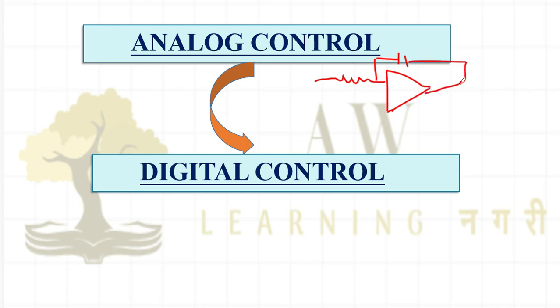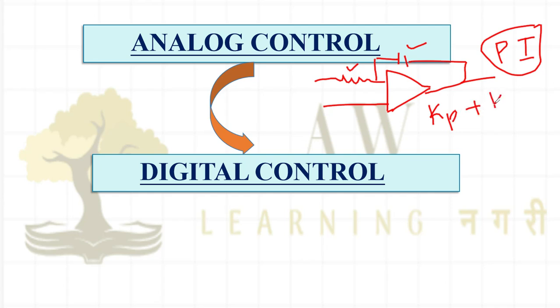If I want the PI controller, I need to build this particular circuit. I have to choose the values of this resistance and capacitance in such a way that I come up with the desired values of KP and KI. Because I know in the analog domain my transfer function is KP plus KI by S, right? So I want to tune these values in such a way that I come up with this KI by S.